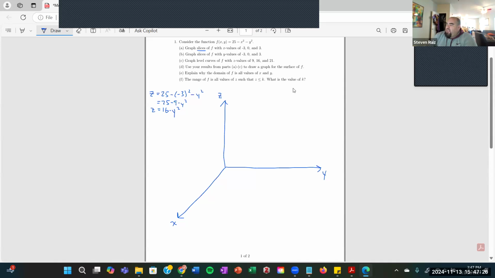As y changes, y is like this left and right variable, and z is my up and down variable. Even though these are in y and z, they're kind of like how we think about x and y changing together. So I have a parabola. One thing we do need to pay attention to here is that this is when x equals -3.